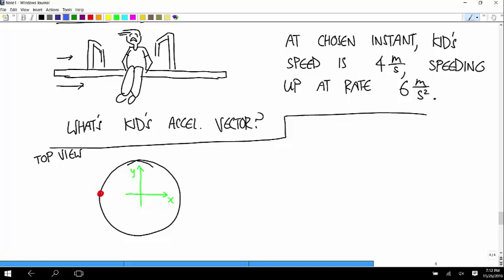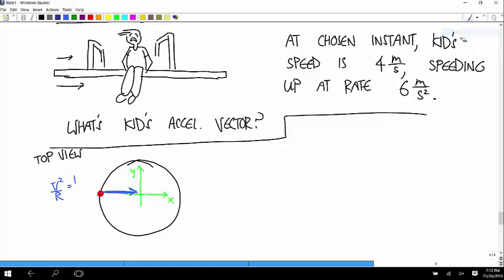Okay, then the centripetal acceleration vector goes this way. And v squared is 4 squared, so 16.